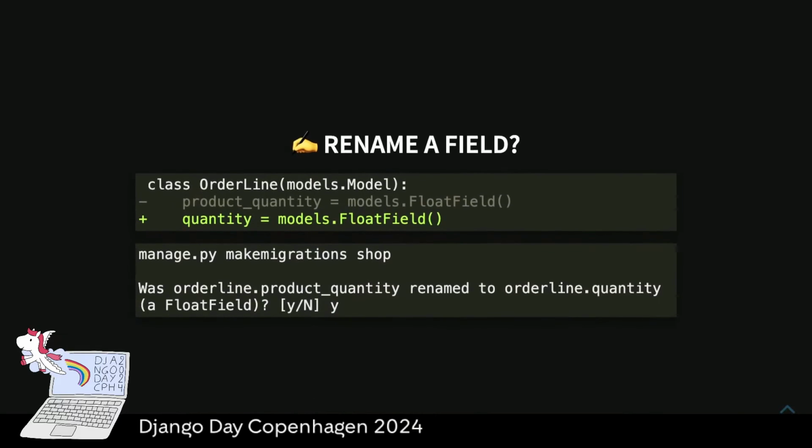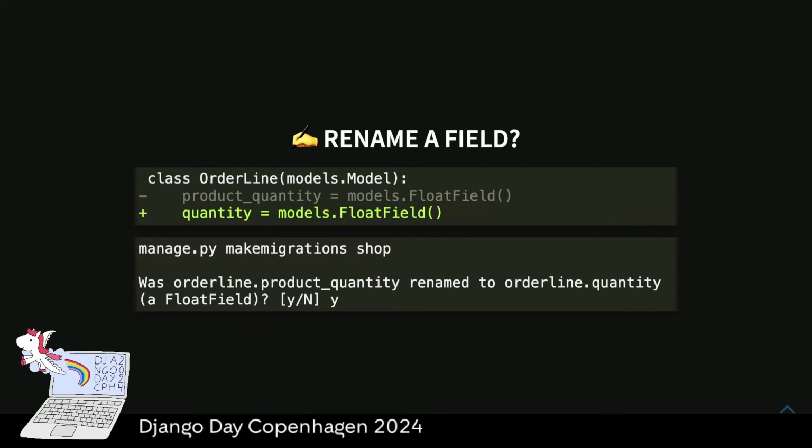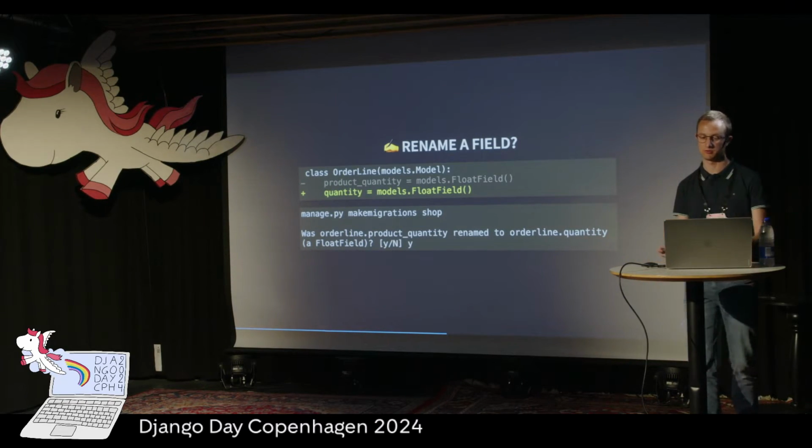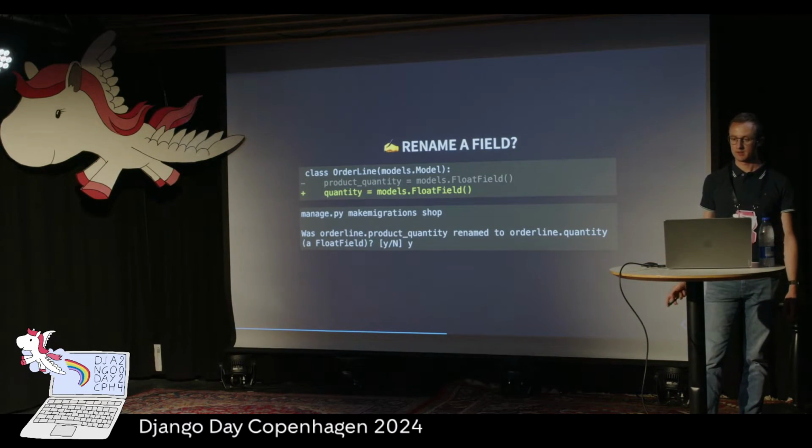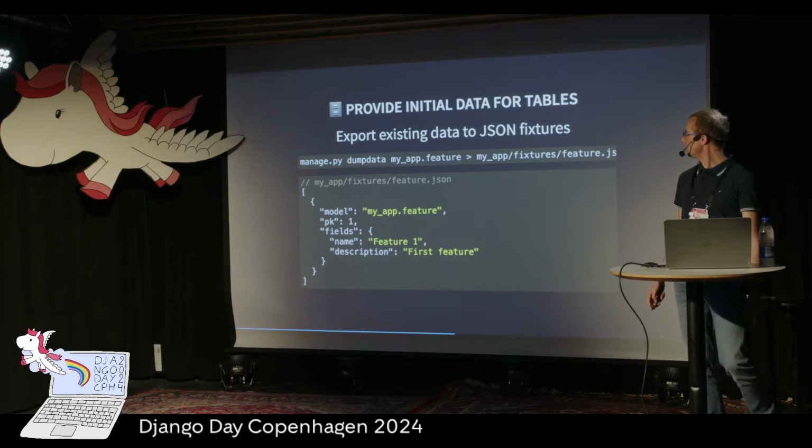In order to rename a field, if the migration contains just that change, you can just rename the field in your model, run makemigrations, and Django automatically detects that the field name has been changed and will propose to rename it.